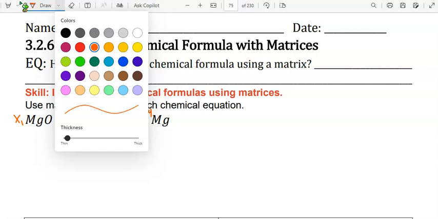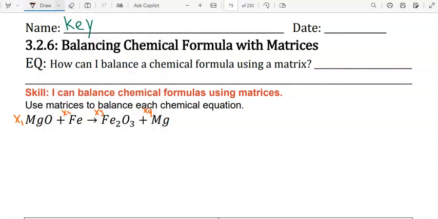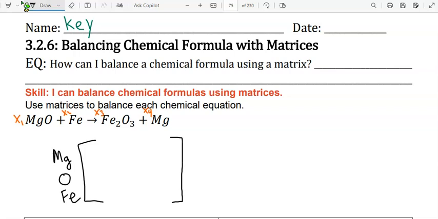And then we'll set up a matrix. The rows will represent what element it is. So we'll have magnesium in the first row, oxygen in the second, and then iron in the third. And then the columns will be the coefficients.